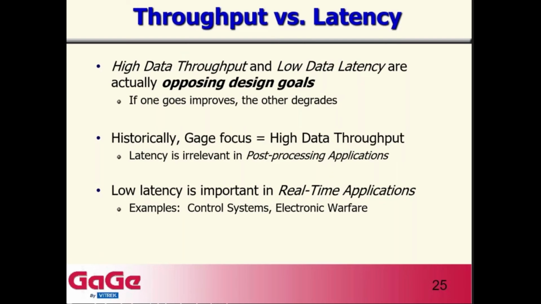Two great examples of this are control systems, where you actually have to take the data from some sort of system and then provide some sort of feedback to control the system. And if your data that you're using to control are not fresh, then you're kind of closing the barn door after the horse has already left the barn, sort of thing.